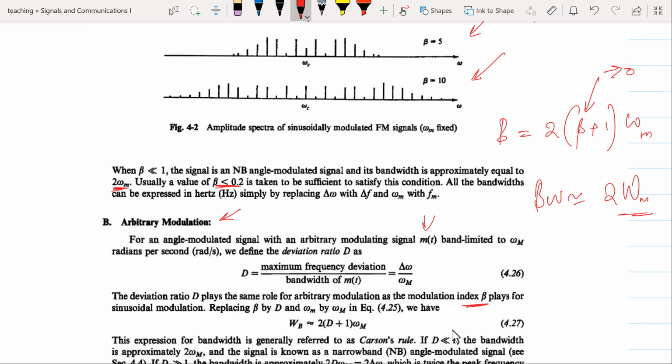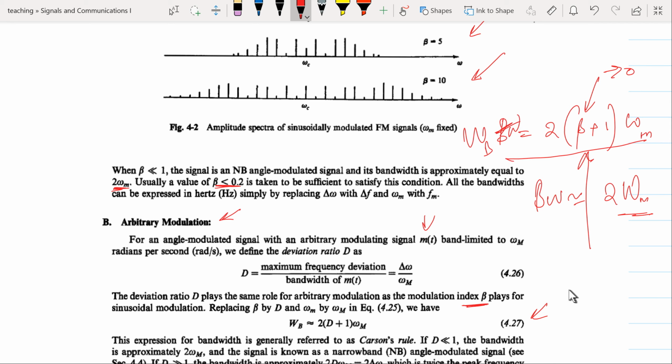So we can replace beta with D and omega m with capital omega M in equation 4.25 that we saw earlier, which allows us to define the bandwidth of the wave. When you replace, you can write it as omega B; that is the proper way of writing the bandwidth.